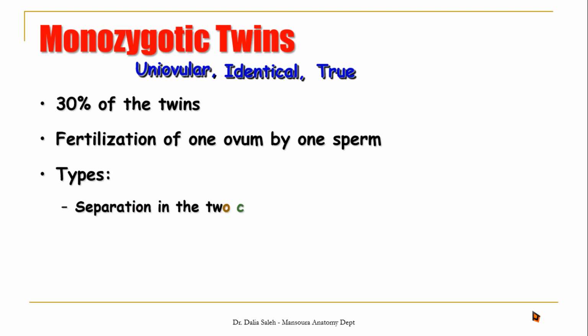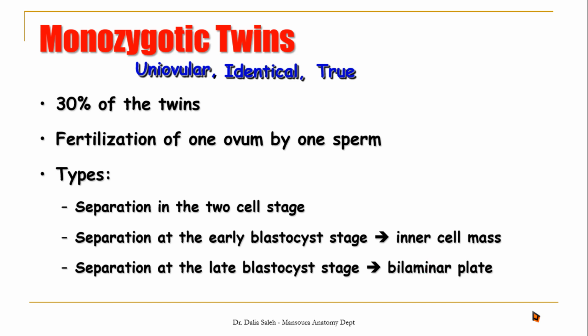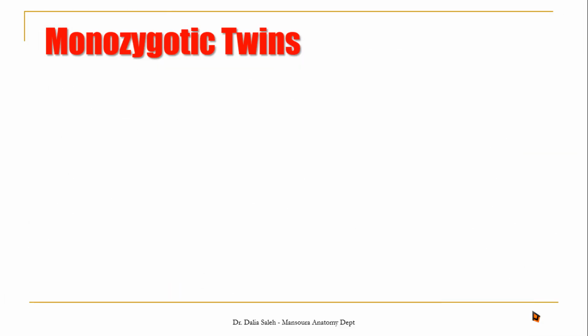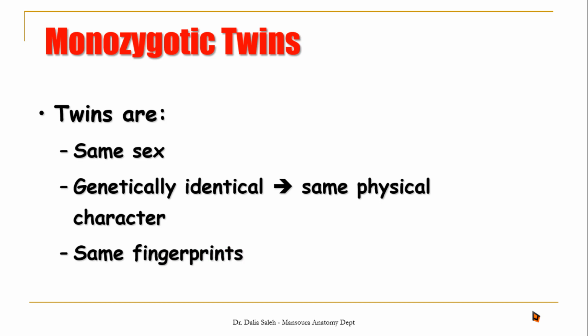If the separation occurs at the two-cell stage, or if the separation occurs at the early blastocyst stage, meaning at the inner cell mass, or if the separation occurs at the late blastocyst stage or in the bilaminar plate. So the criteria of these monozygotic twins: they are of the same sex, genetically identical, they carry the same physical character, and they also carry the same fingerprints.